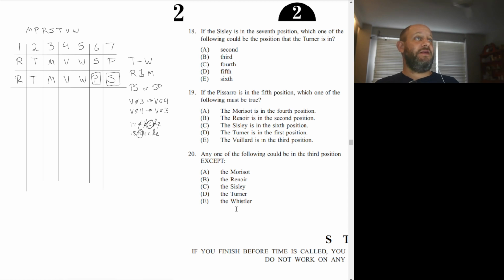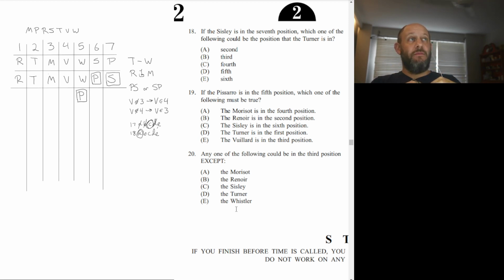If P is in the 5th position, first thing we do, we take P and we put it in the 5th position, right? Don't mess around. Write it down. Okay, if P is 5th, which of the following must be true? Must be true is a totally different question from could be true. Must be true means that 4 of them can be false.